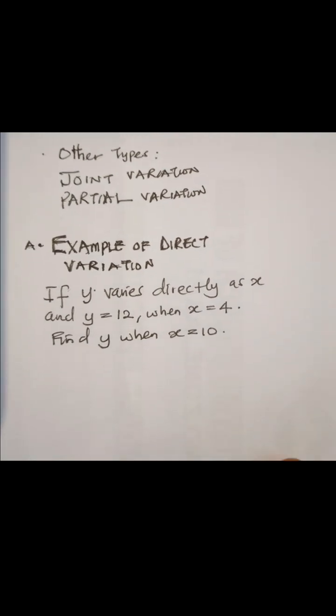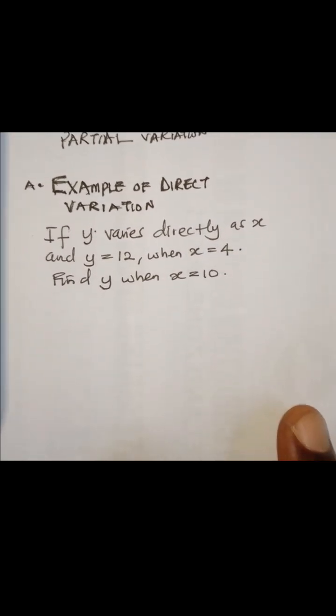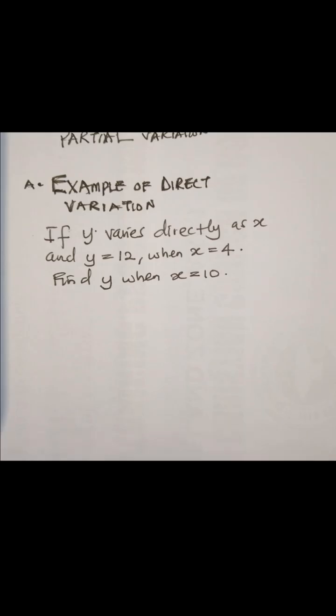Now, we can solve this mathematically by writing an equation of direct variation. We change it to a simple equation and solve it to get the value that we are asked to find.